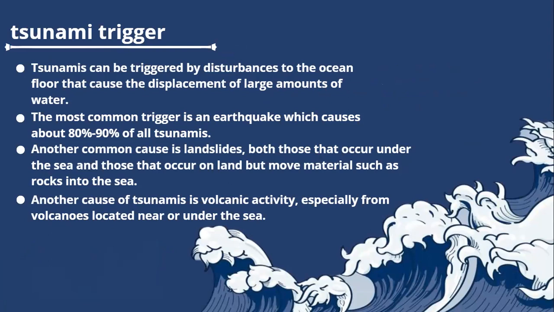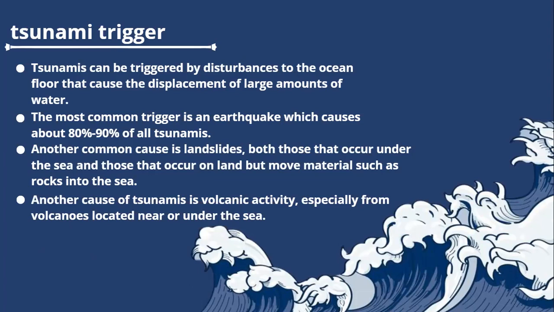Events that can cause this kind of water displacement include submarine earthquakes, landslides occurring on the seabed, and the fall of objects into the water, such as volcanic eruption, meteor, or weapon explosion.